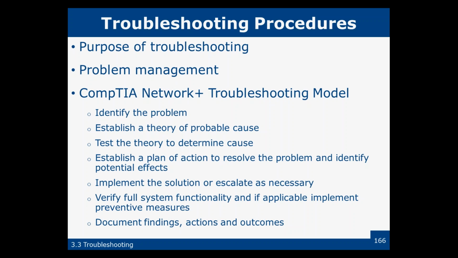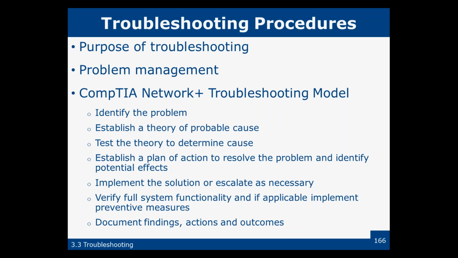It just goes on forever, and as a matter of fact, it builds to get bigger and bigger because you get more and more broadcasts, and those are all caused by broadcast storms. So the purpose of troubleshooting is we want to be able to make the network work again.